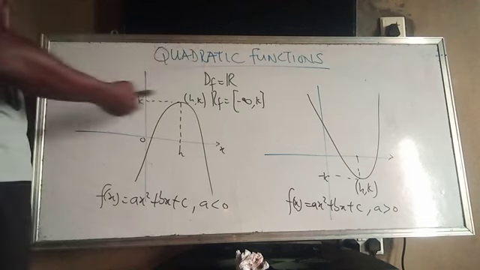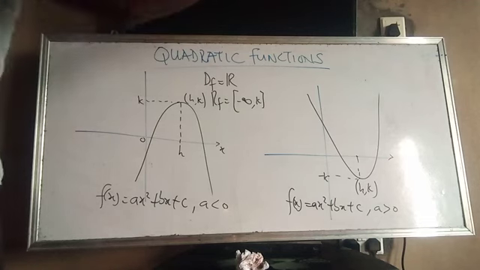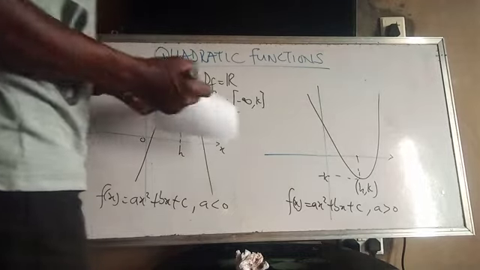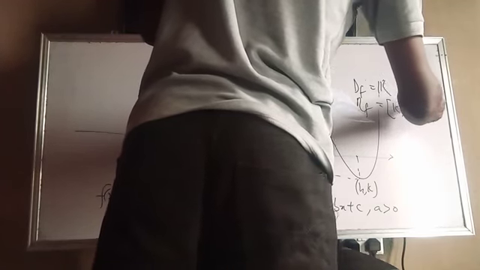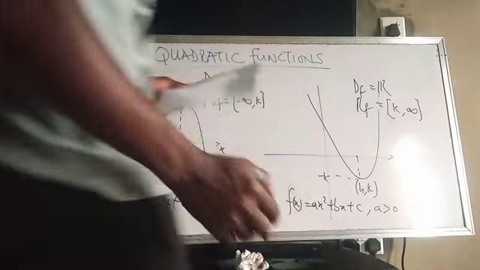But for the domain, it doesn't have a closed form here because the value of x increases largely. The domain of this function, just like that one, is the set of real numbers, while the range of this function is k to infinity.